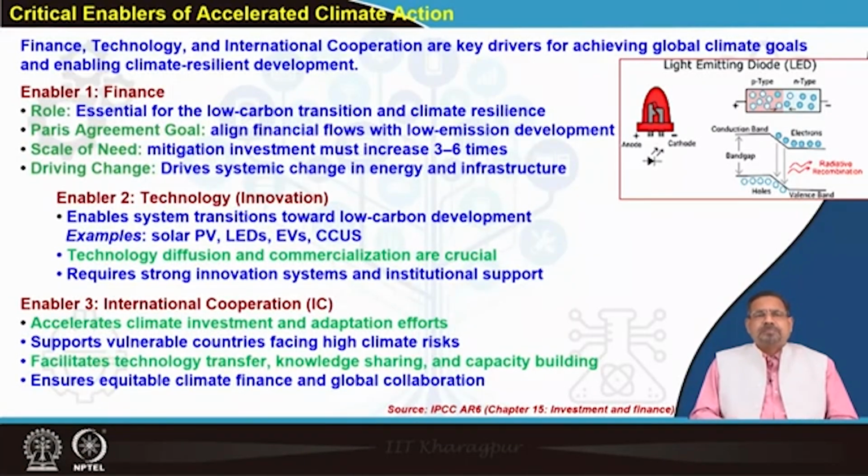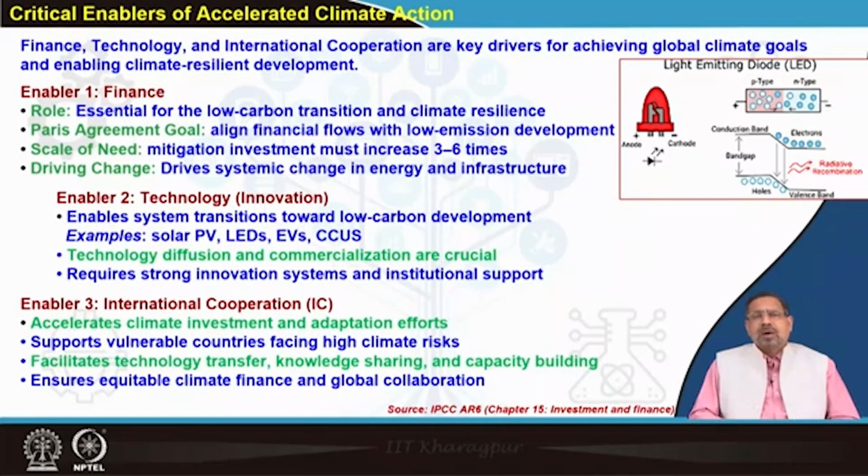energy system. Coming to the second enabling factor, the technology, or you say innovative technology. It enables system transition towards low carbon development. Examples are solar photovoltaic cells, the LEDs. You can see one depiction on the upper right hand side. We all are using these light emitting diodes, or we very well know them as LEDs.